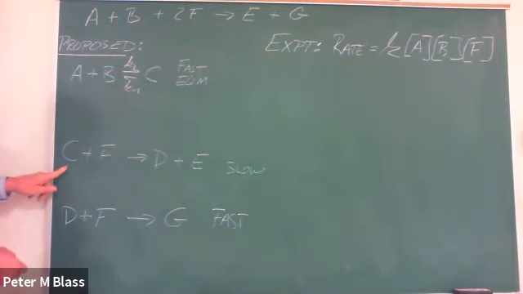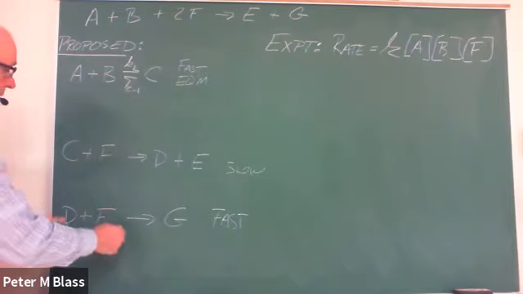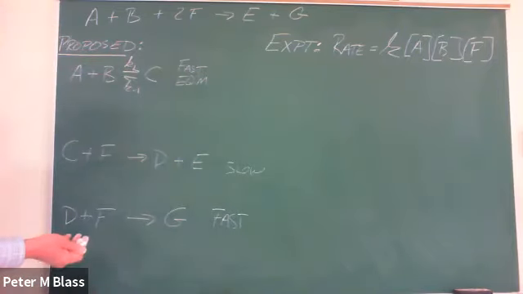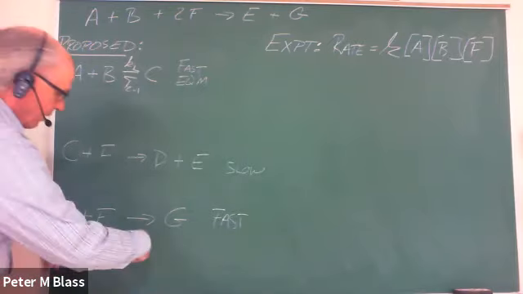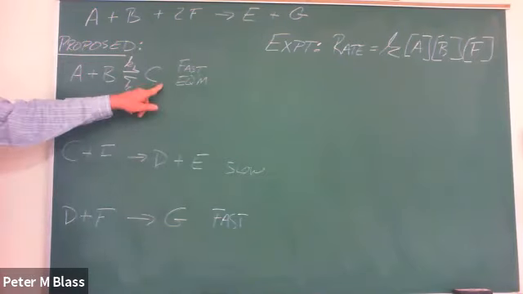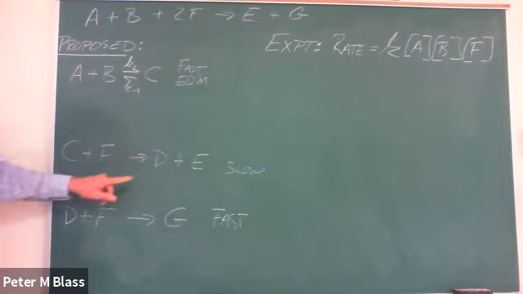C is an intermediate, right? If I added this up, it would be all the reactants, arrow, all the products. We can look at this and see if something appears on both sides, in the reactants and the products, and you can cancel them off. C is formed there and used up there, so that's not going to appear in the overall reaction, and neither is D. These are intermediates.